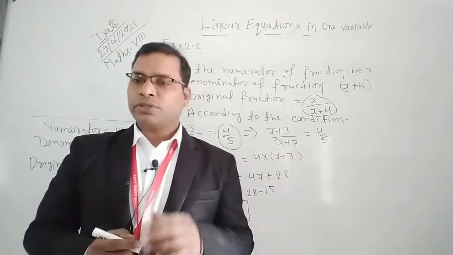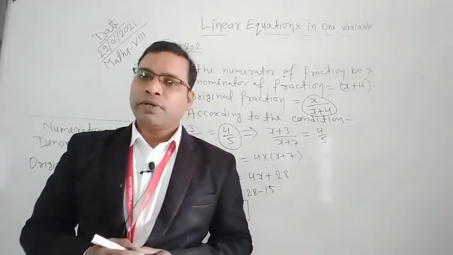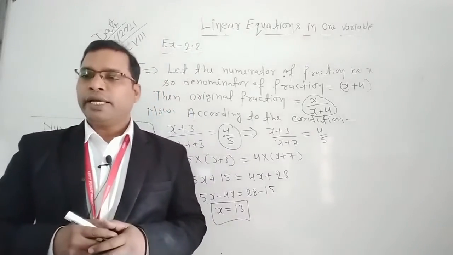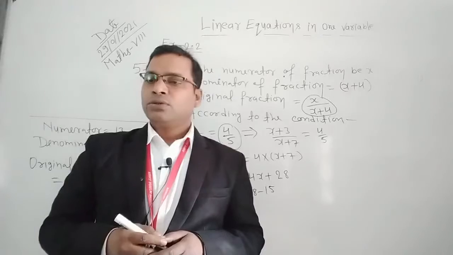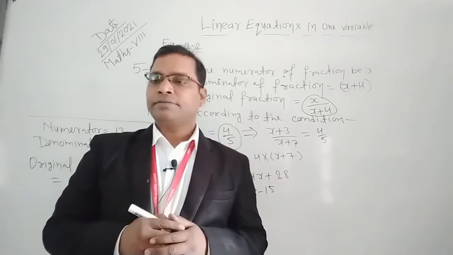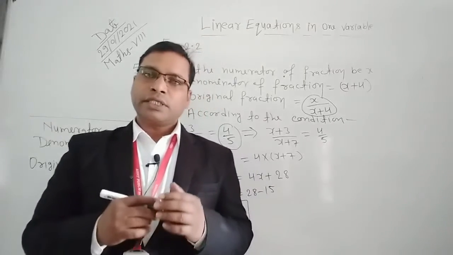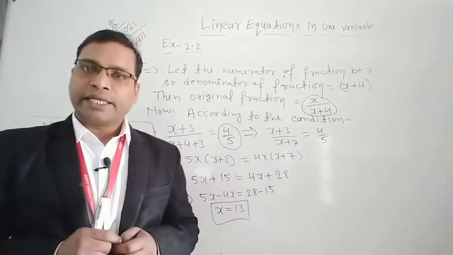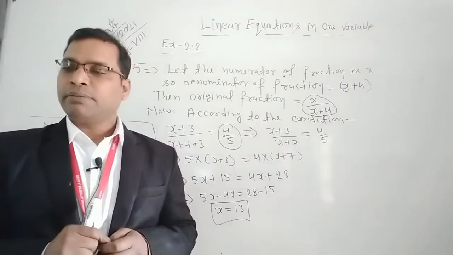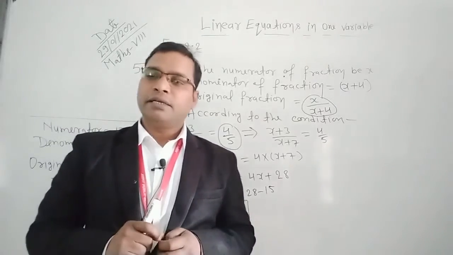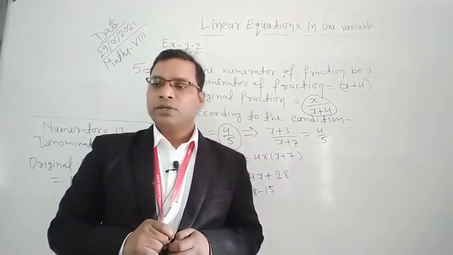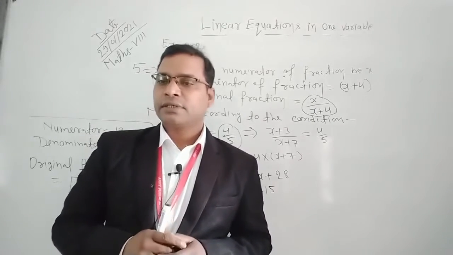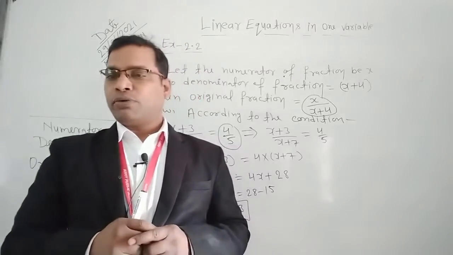So students, in this question, first we let the required number to be added be x. So on adding x to each given number, the numbers become 3 plus x, 5 plus x, 13 plus x and 19 plus x. Okay. So according to the question, the resulting numbers are in proportion.